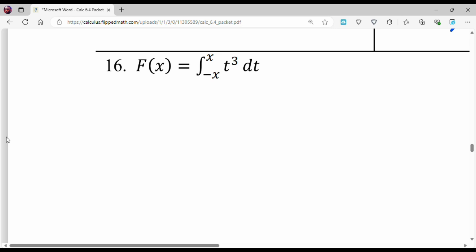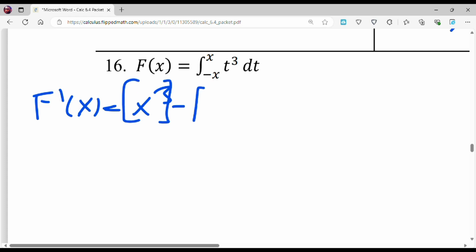So, f prime of x equals, and then upper minus lower. So, upper minus lower. So this is just going to be, and then don't forget times -1.